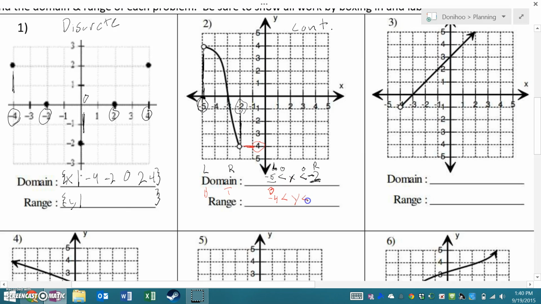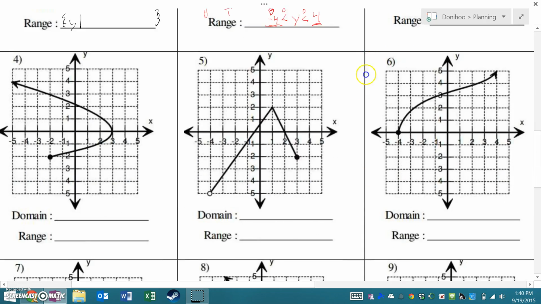And my top value now is, there's the top of the graph, so draw over here to +4. Okay, -4 to +4. And again, both of the dots are open circles, so I'm not going to be writing equal to. So there's your domain and range for this continuous graph.